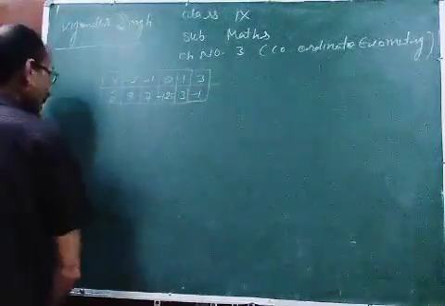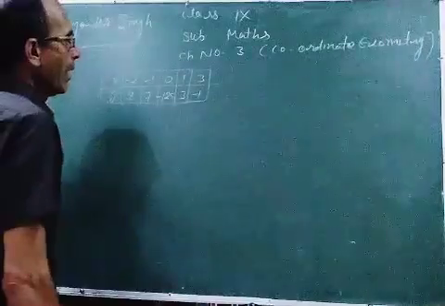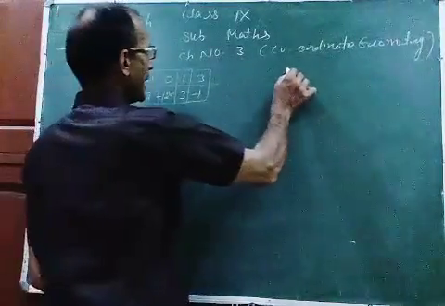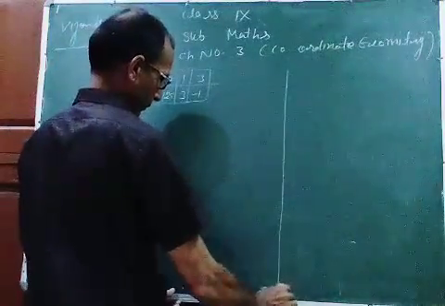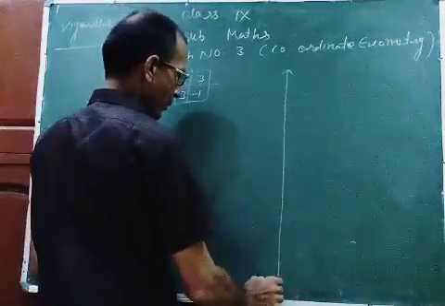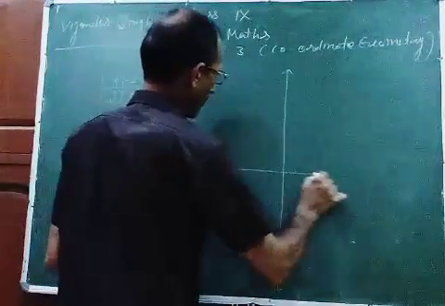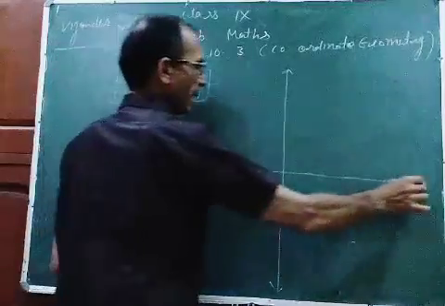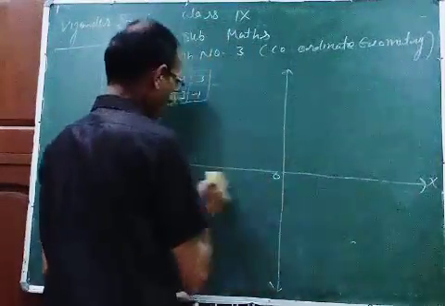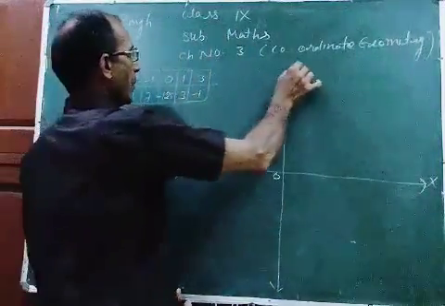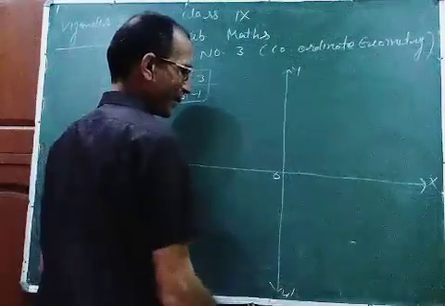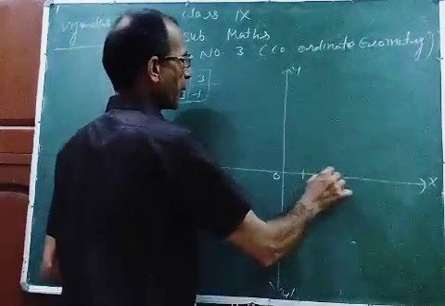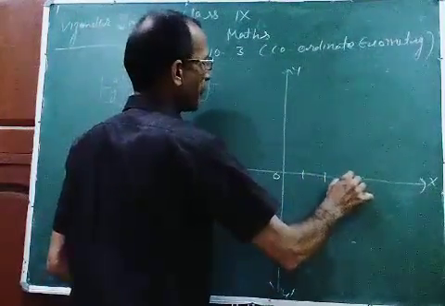Now we have to represent these coordinates on the Cartesian plane, it means on the graph. So these are the axes: x'ox is the x-axis, y'oy is the y-axis. See properly, there should be no confusion.